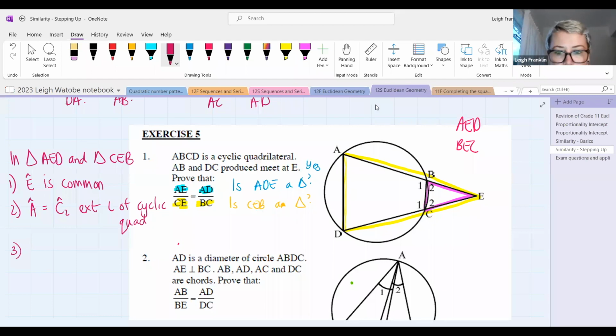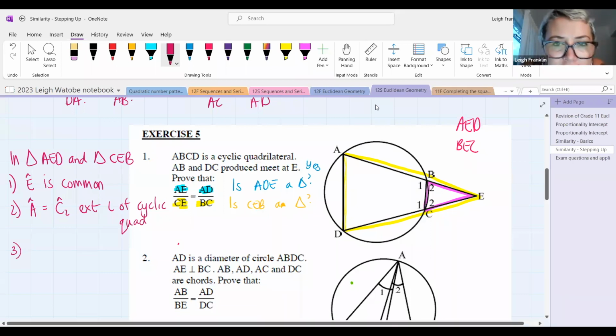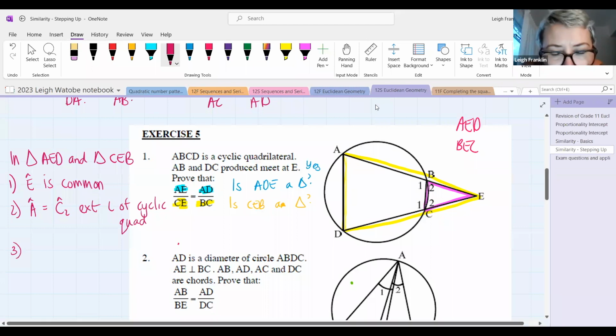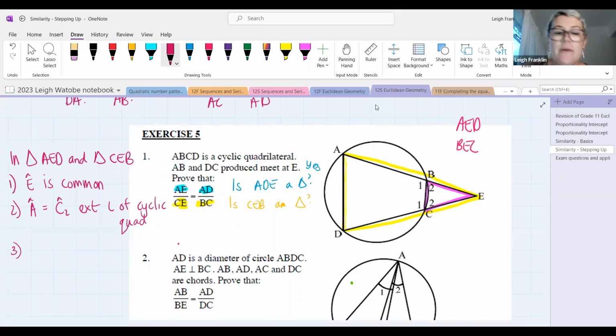I did try number one, so I wanted to ask if I did it correctly. I said in triangle ADE and triangle BCE. Sorry, just name your triangles again, Nakedi. Triangle ADE. Yes. In triangle BCE. Yes, lovely.